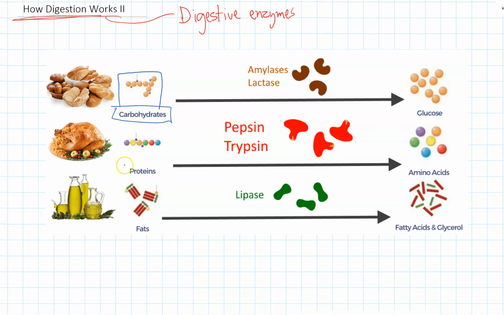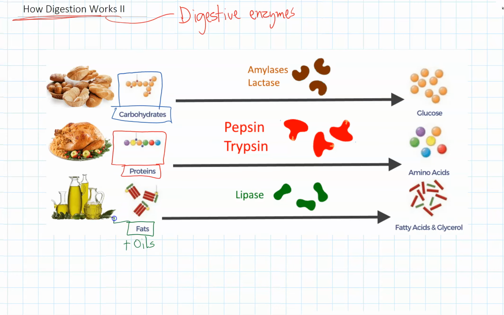Then we have proteins, and you'd know that proteins are all your meat containing foods, and also things like legumes contain lots of protein as well, like beans and peas and things like that. And then we also have fats, which is the third category of food that you can eat. And this also includes oils as well.